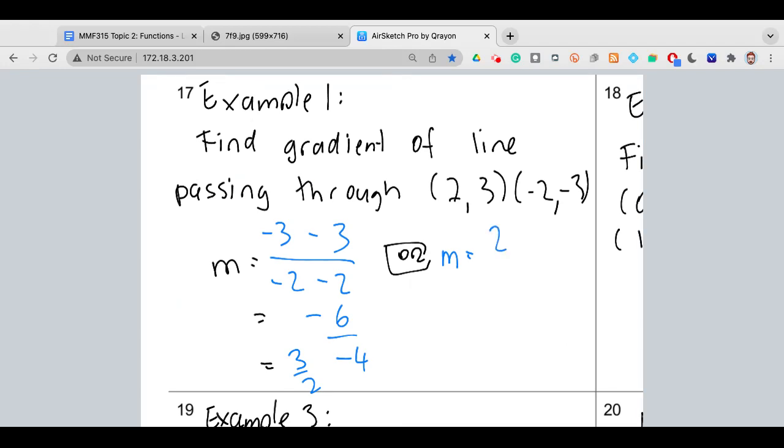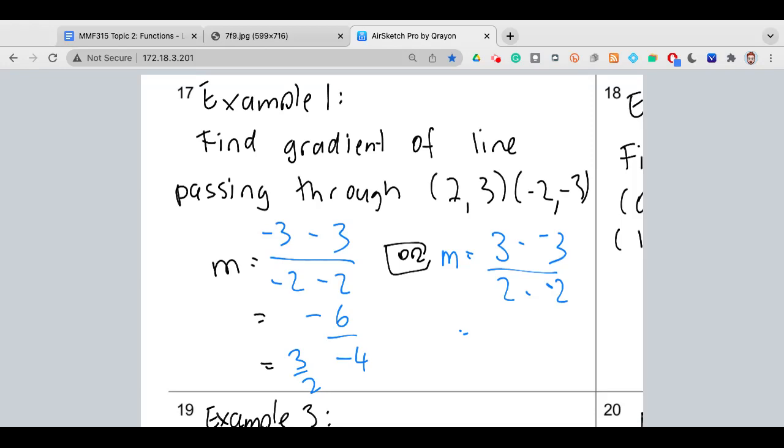So if I go 2 minus, sorry, try that again. 3 minus 3 over 2 minus 2. So I basically swapped the x1, y1 coordinates over.